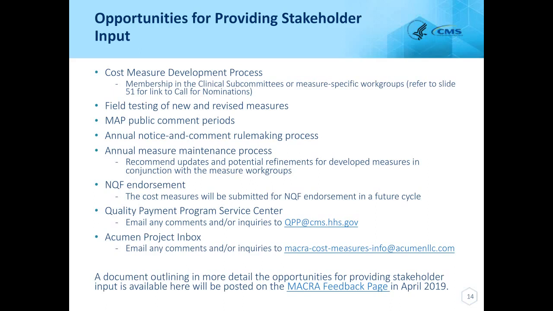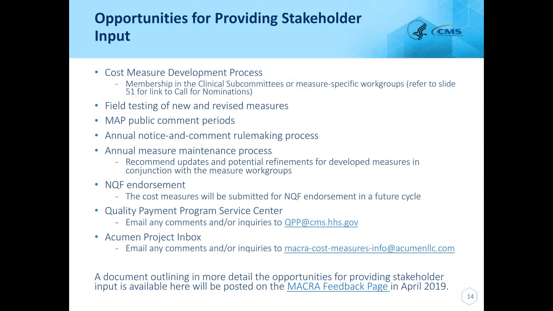Reaching out to us through our mailbox also allows us to consider your concerns through our annual maintenance process, as I mentioned earlier. And as we take the measures through the NQF endorsement process, they also provide an opportunity for the community to comment on the appropriateness of the measures.